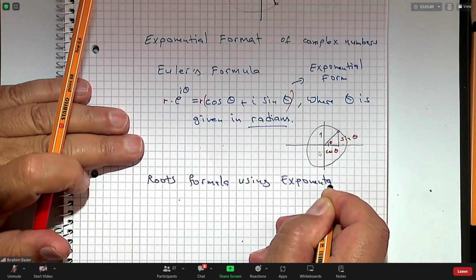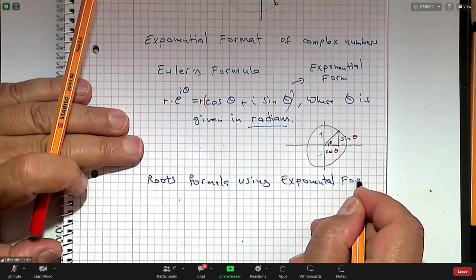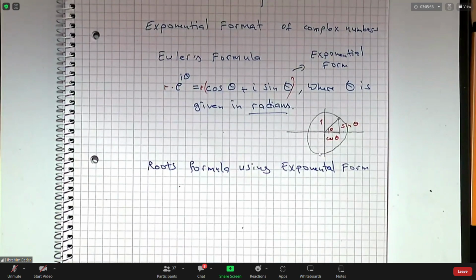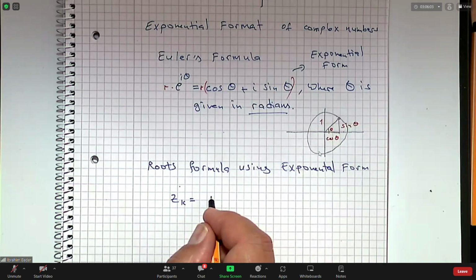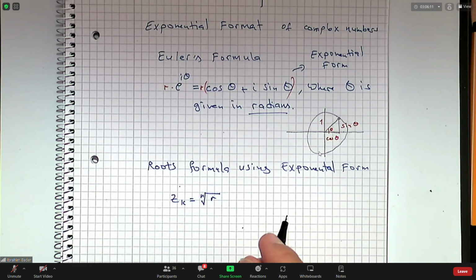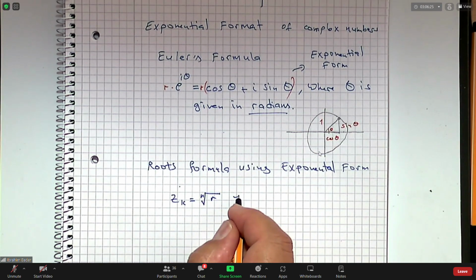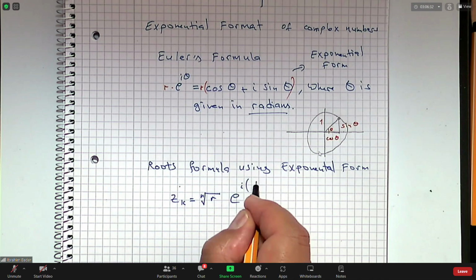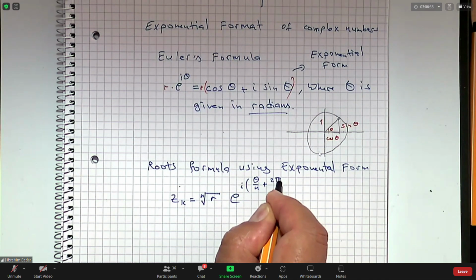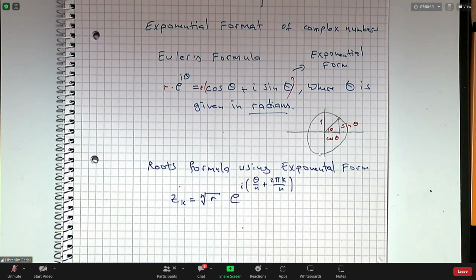So z sub k equals, of course here you have the nth root of r, and then you have e to the power i times theta over n plus 2 pi k over n, where k equals 0, 1, 2, and so on.